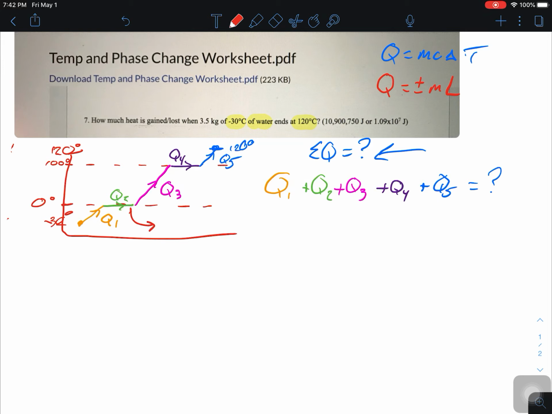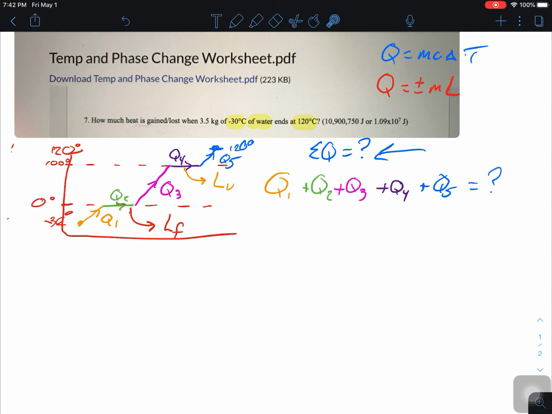So here's a phase change, and that's the latent heat of fusion. And then here's another phase change, and that's the latent heat of vaporization, because this is from solid to liquid, that's latent heat of fusion. From liquid to gas, that's latent heat of vaporization. So you just got to know those, and we can look up those values from the table that's also provided on this worksheet.